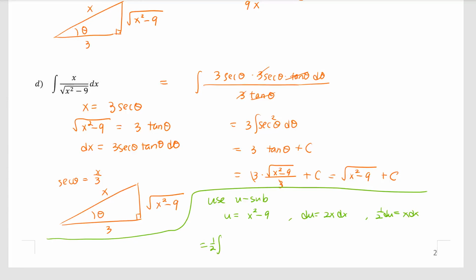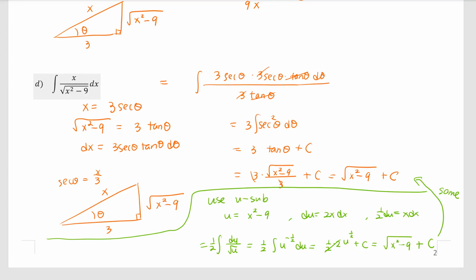So 1/2 and then du over the square root of u. So this is u to the minus 1/2 du. We add 1 to the exponent, so 1/2, and then you multiply by 2. Oops, cancel. So u is x squared minus 9. See? We have the same answer.